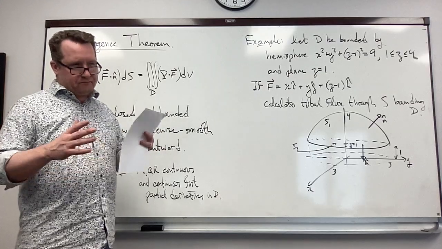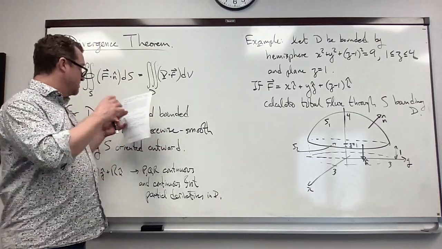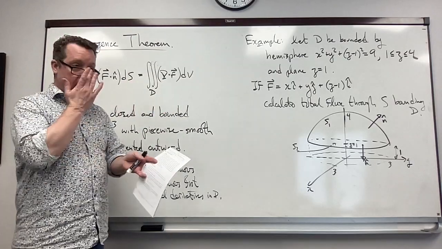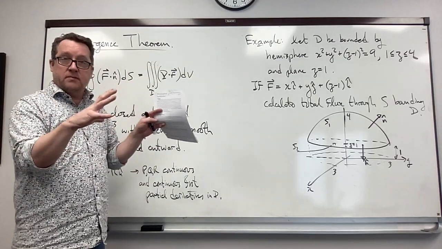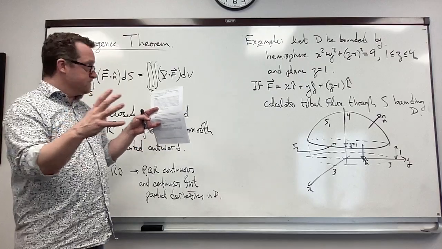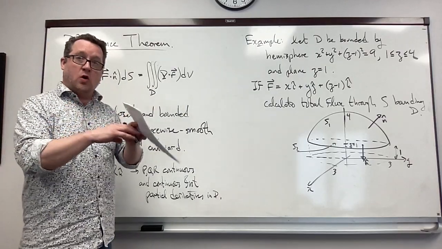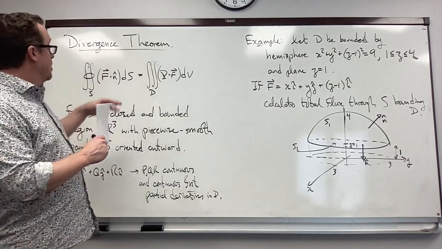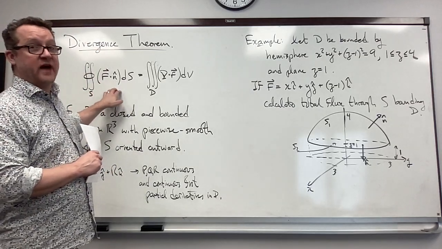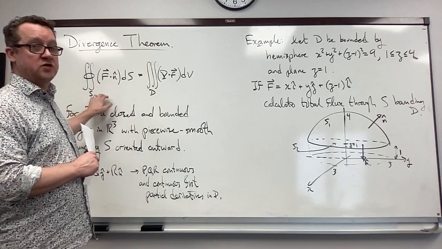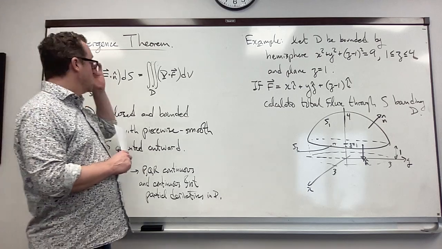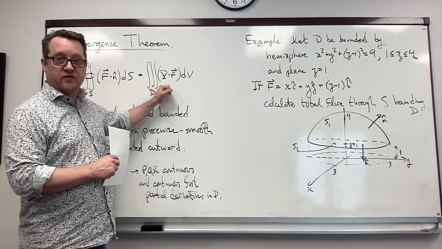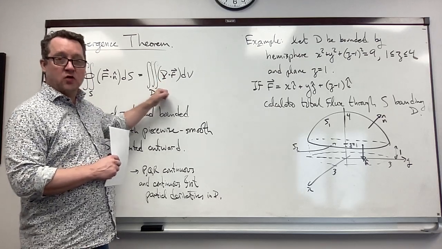We're going to show that the divergence theorem says that if we look at a closed surface and a volume bounded by that closed surface, the total flux of F through that surface, not the flux of the curl of F, the flux of F, will equal the triple integral of the divergence of that same vector field over the region enclosed by that surface.